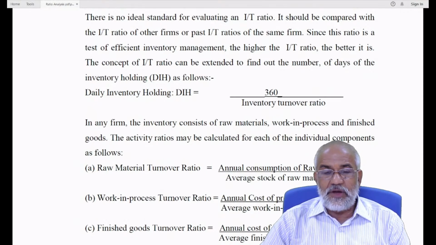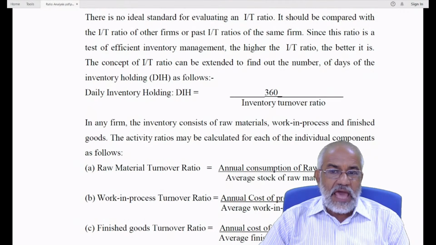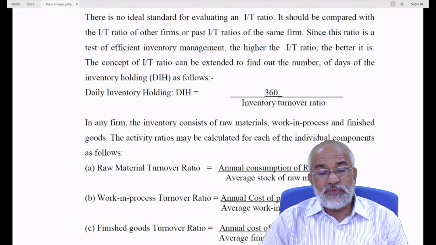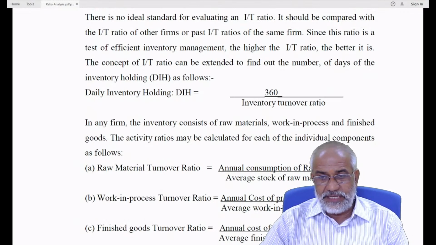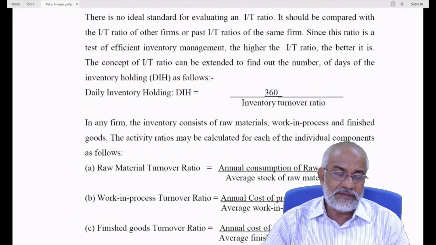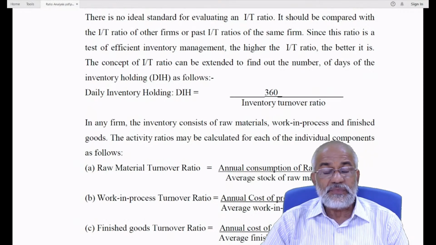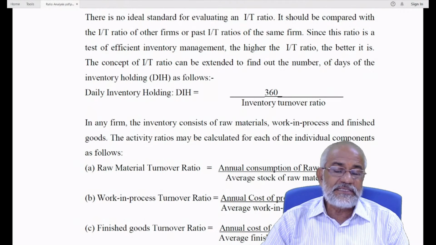The computation of raw material turnover ratio is equal to annual consumption of raw materials divided by average stock of raw materials. Annual consumption of raw material means how much raw material has been used for production during the particular year. That means if there is opening stock of raw materials, it has to be added with purchase of raw materials.